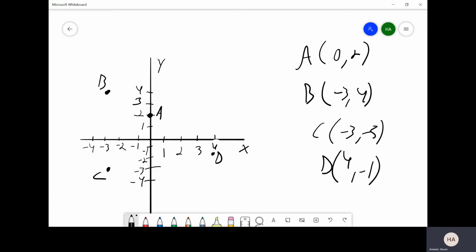So notice that we have 4 points, but only 3 of those 4 are actually lying in quadrants. The ones that are lying in quadrants are B, C, and D, with B being in the second quadrant, C being in the third quadrant, and D being in the fourth quadrant, right?